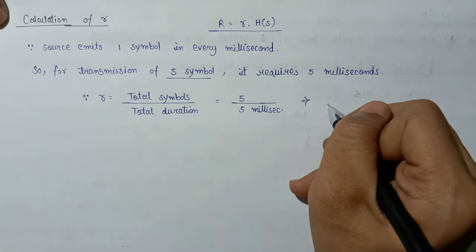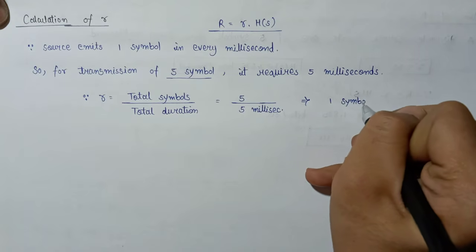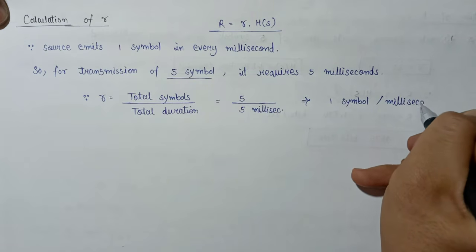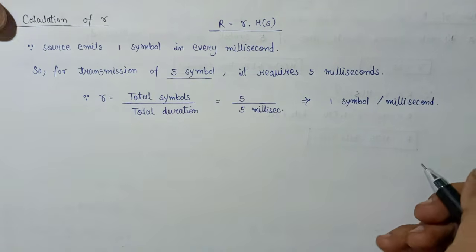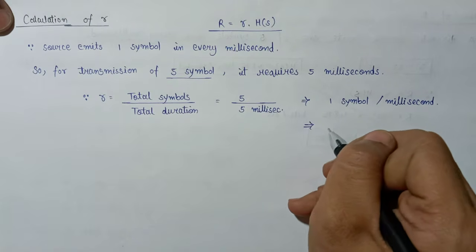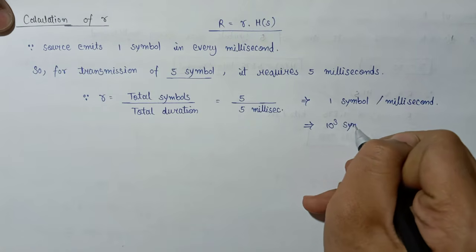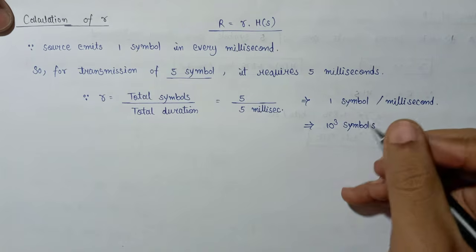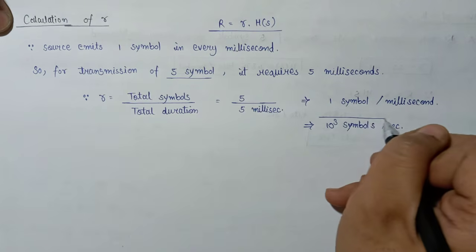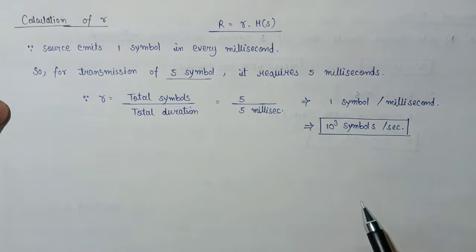So we get 1 symbol per millisecond, or we can say it can be written as 10^3 symbols per second. So this is the value of small r that we are looking for.